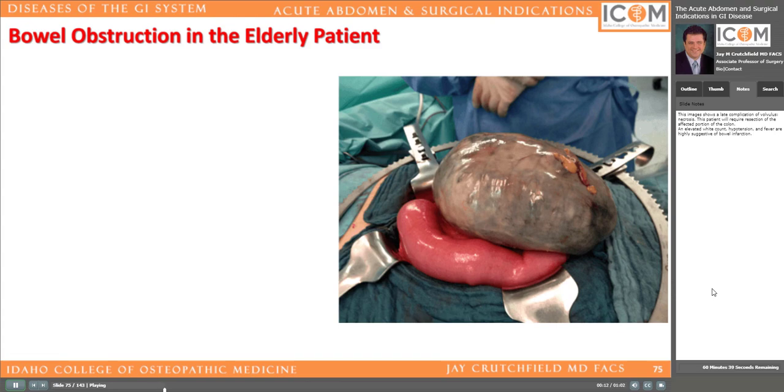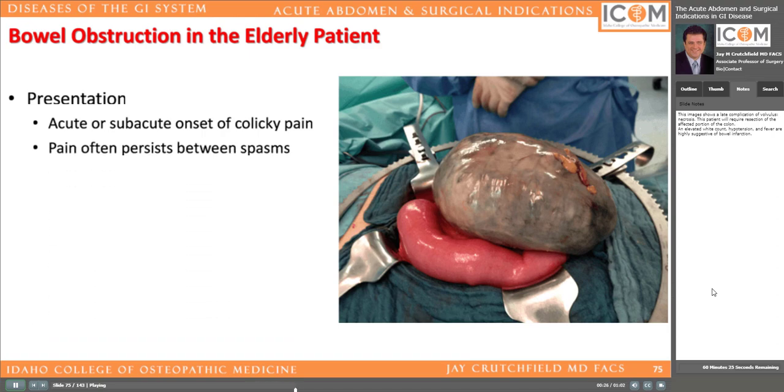An elevated white count, hypotension, and fever are highly suggestive of bowel infarction. When a patient presents with a volvulus of this type, they may present with acute or even subacute onset of colicky pain that waxes and wanes. The pain often persists between the spasms of the bowel. They may or may not have vomiting, and they may or may not complain of constipation.